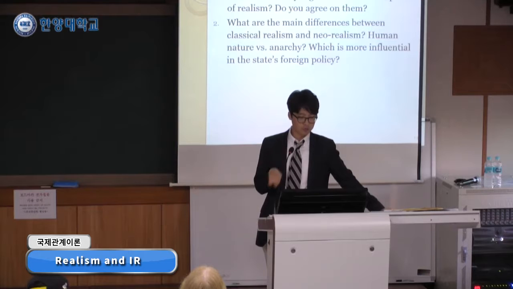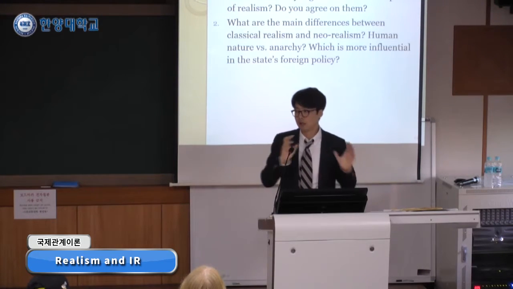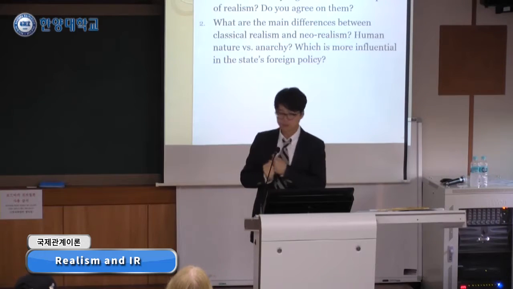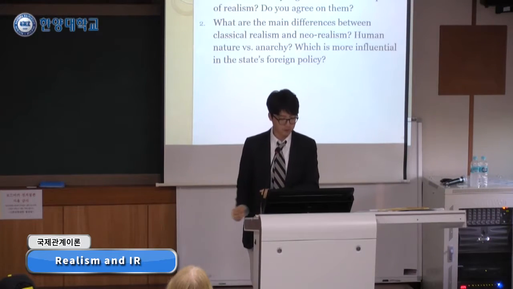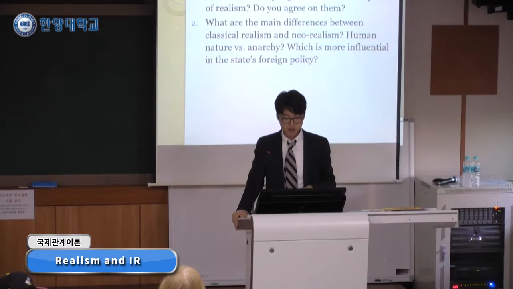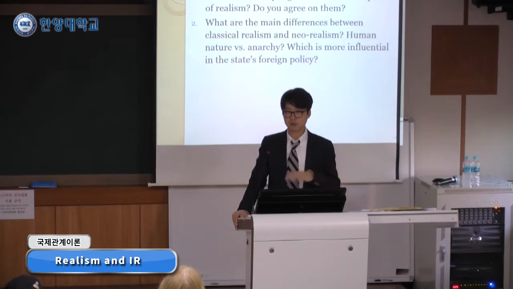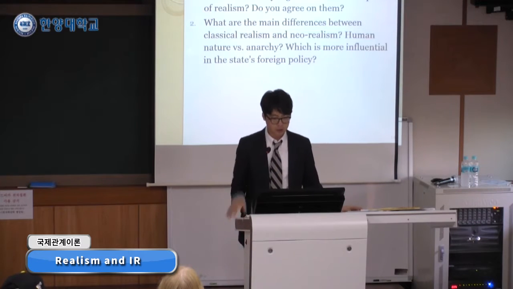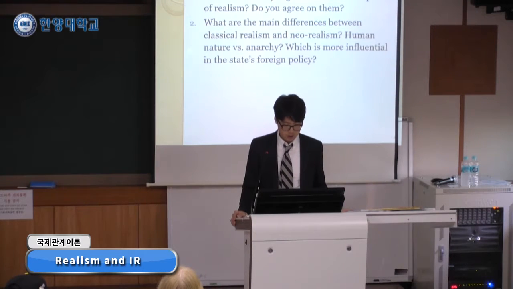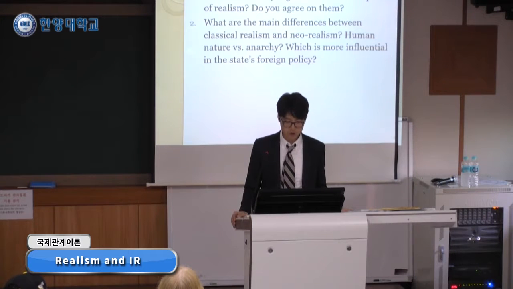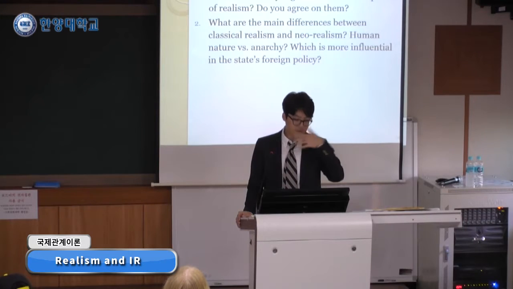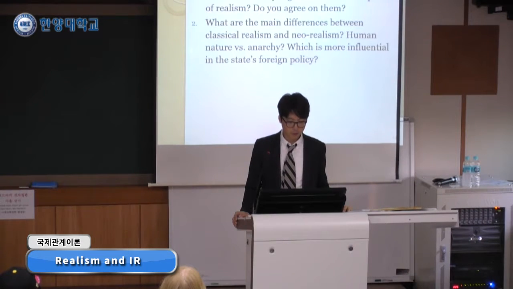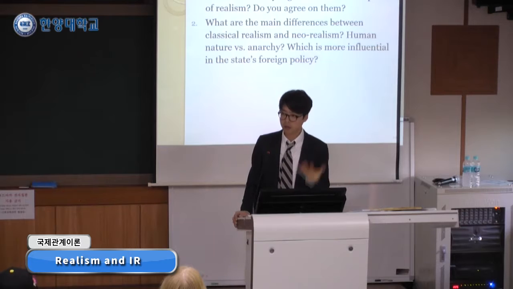Okay, human nature versus anarchy, in terms of the relative influence regarding state foreign policy behavior. All right, classical realism emphasizes human nature, whereas neorealism emphasizes the structural influence of the international system. So, in your opinion, in your view, which between them is more influential in affecting states' foreign and security policy and their behavior? Right?